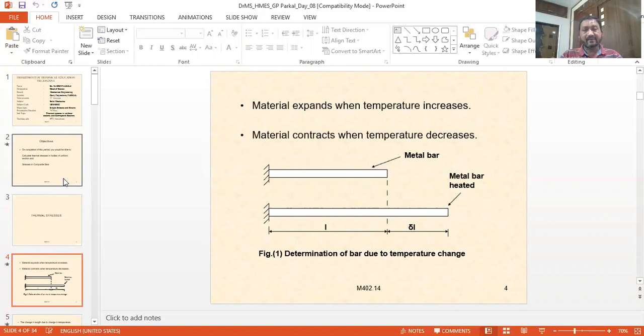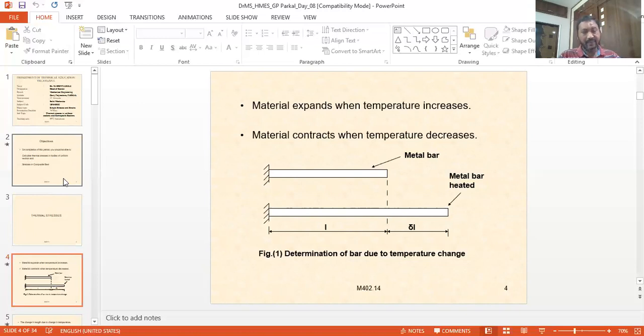It depends on its material property, the coefficient of linear expansion, and also on the amount of temperature rise, that is the difference of final and initial temperatures, dT.